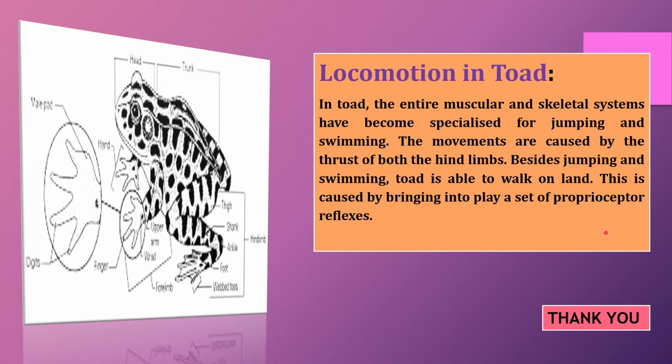This is involuntary movement because you have to do this without will. Suppose a knee jerk by a hammer. If one hammer is striking on your knees, what will happen? Automatically you will lift your legs. So these actions are called involuntary movement. That means the actions happened without your will.